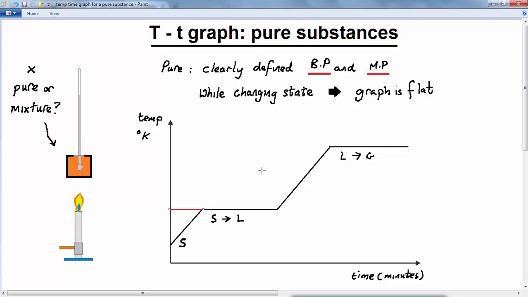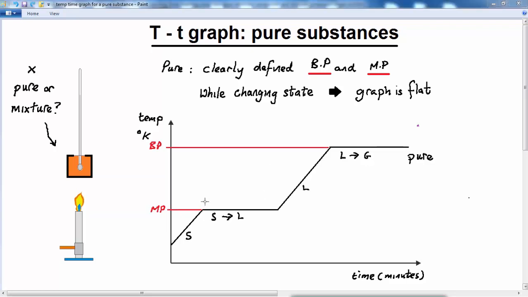That tells us the melting point, and again we trace the horizontal part where it's changing state from the liquid into a gas. That tells us the boiling point. So we have the boiling point and the melting point clearly defined. This tells us that our substance X is a pure substance.